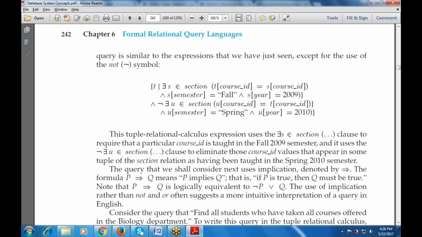This expression uses the there exists clause to require that a particular course ID is taught in the fall 2009 semester, and it uses the not clause to eliminate those course ID values that appear in some tuple of the section relation taught in the spring 2010 semester.